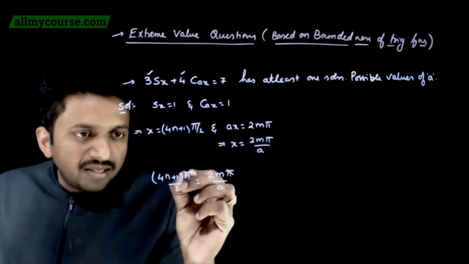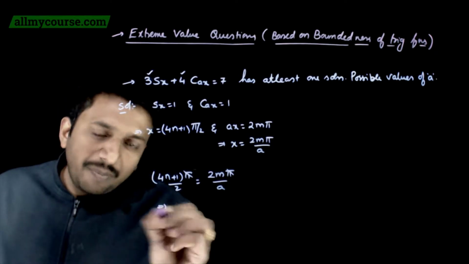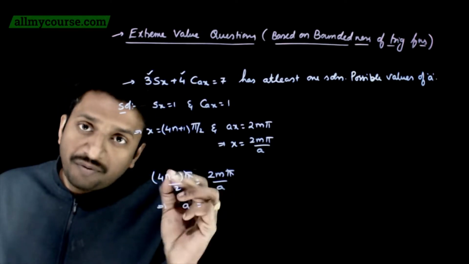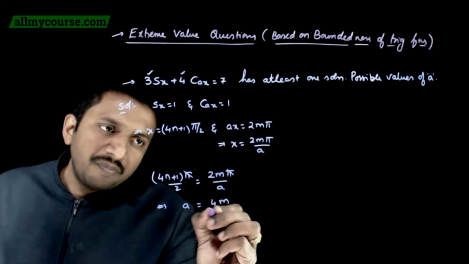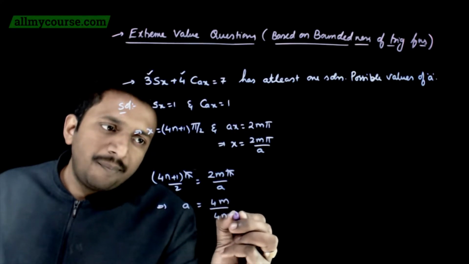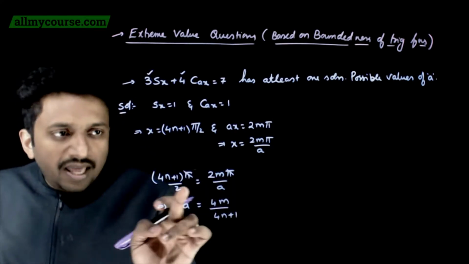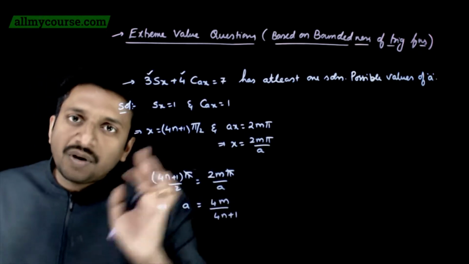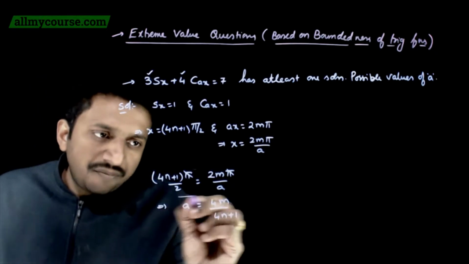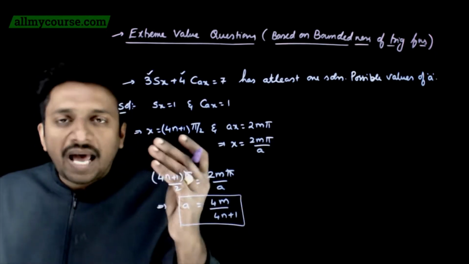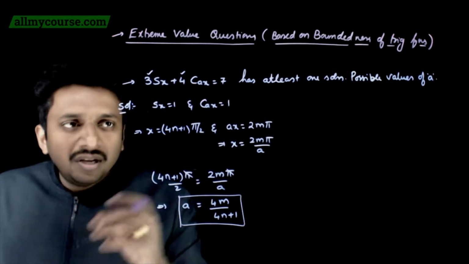So this pi and this pi get cancelled. This implies a has to be of the form 4m by (4n plus 1). So a has to be of the form 4m by (4n plus 1). So if a is of this form, you will have at least one solution to this equation.